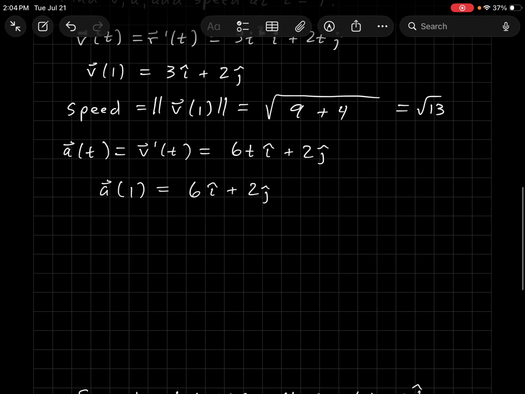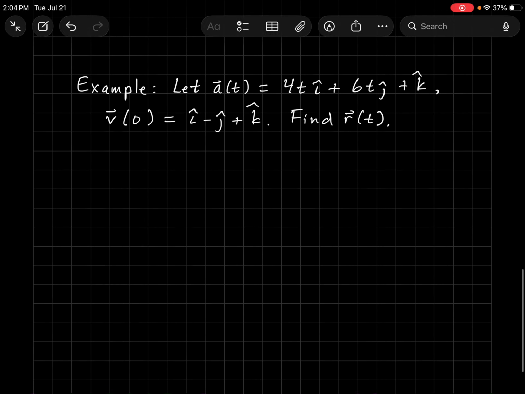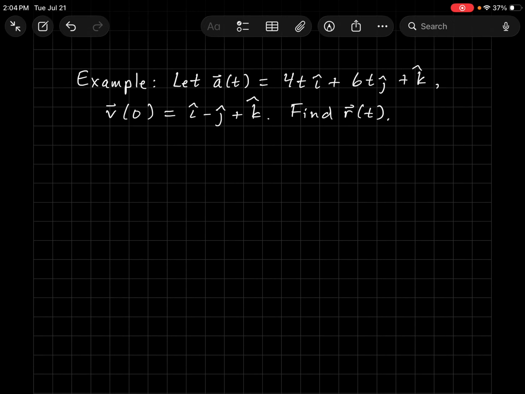One more straightforward example. Suppose we know the acceleration this time, which is 4ti plus 6tj plus k. And we know that the velocity at 0 is i minus j plus k. We want to find r of t, so let's find r prime of t first.